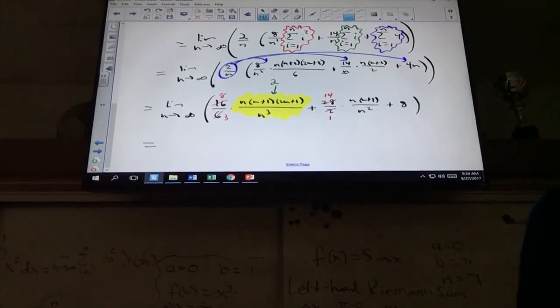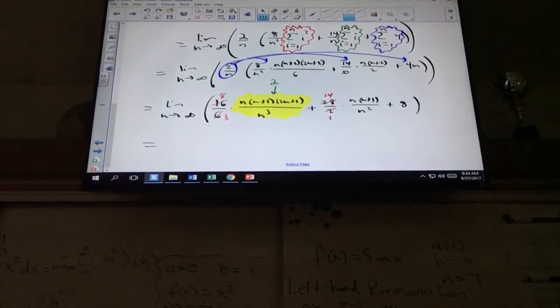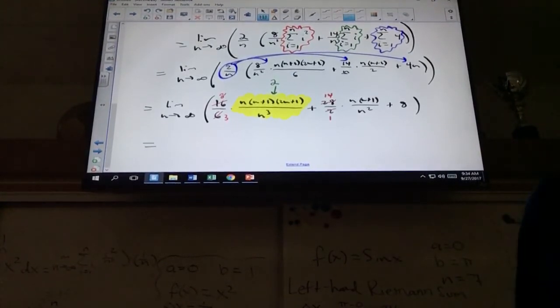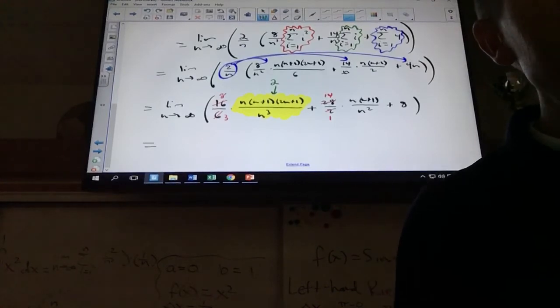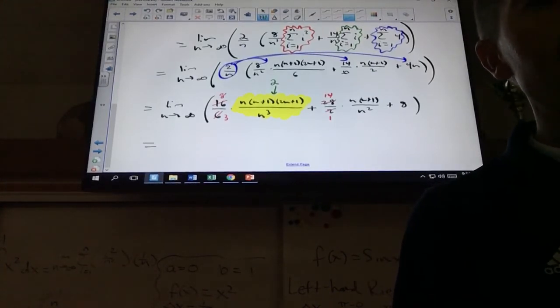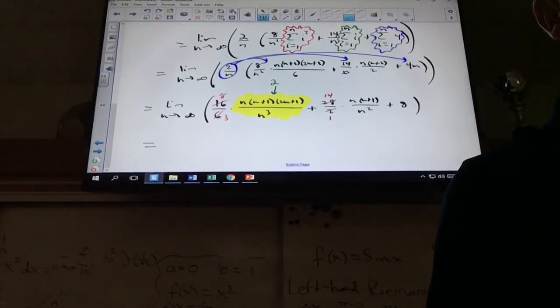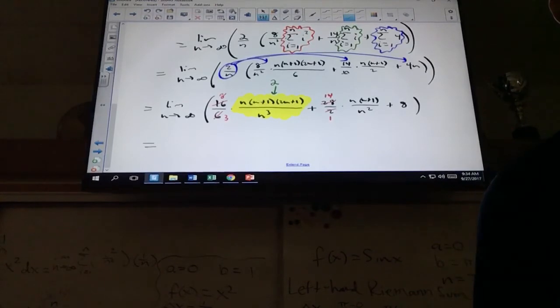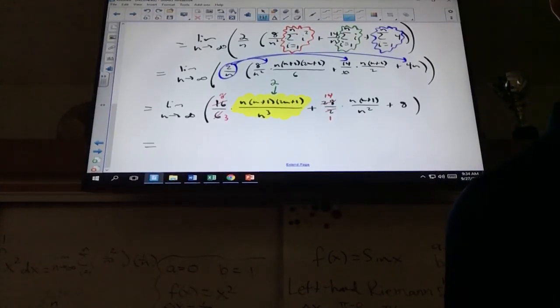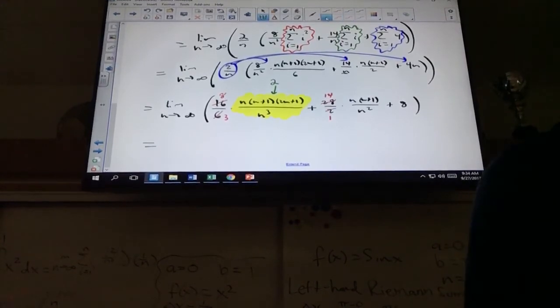When I take the limit as n approaches infinity of that whole thing, the numerator has a degree of 3 and the denominator has a degree of 3, so it's going to be leading coefficient over leading coefficient. For the numerator, it's going to be 2n cubed plus something, right? And the denominator is just n cubed, so that whole thing is 2. So times 8 thirds gives me 16 thirds plus.